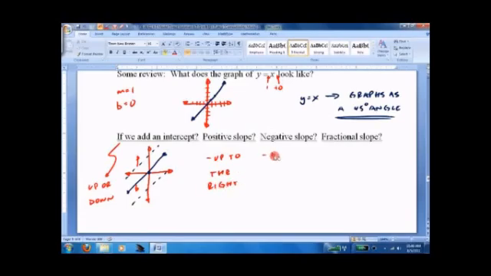Negative slope goes down to the right. A fractional slope, like 2/3, or 1/5, or 9/10, or 1/100th, will give you a flatter line than y equals x.